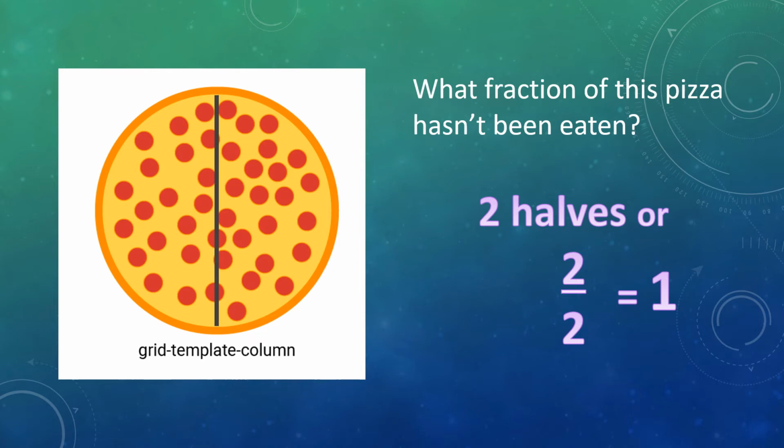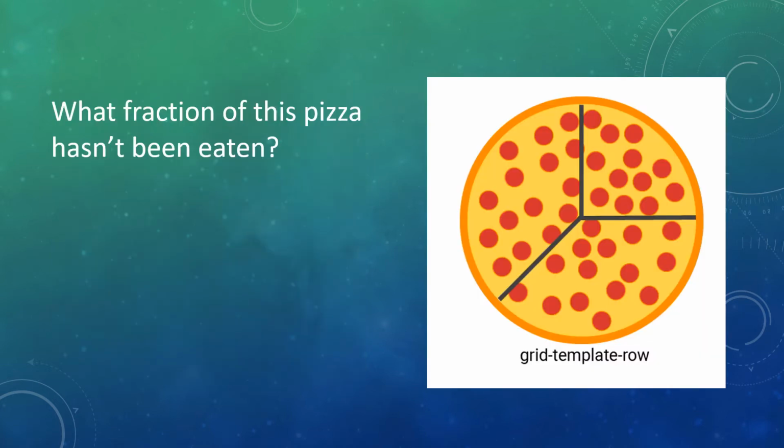Let's take a look at another example. So now this pizza is divided differently. And we're being asked the same question. What fraction of this pizza hasn't been eaten? Well, this pizza has been divided into how many parts? Think about that for a moment. It's 3. This pizza has been divided into thirds, 3 equal parts. And none of the pieces have been eaten.